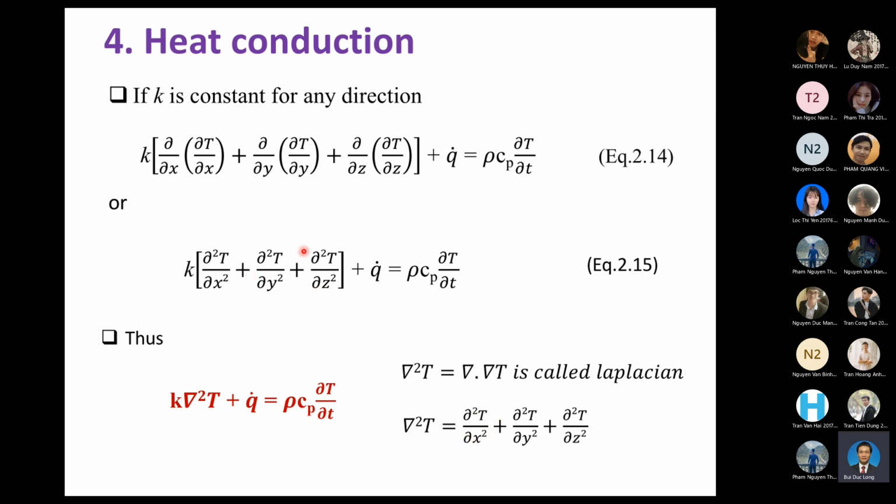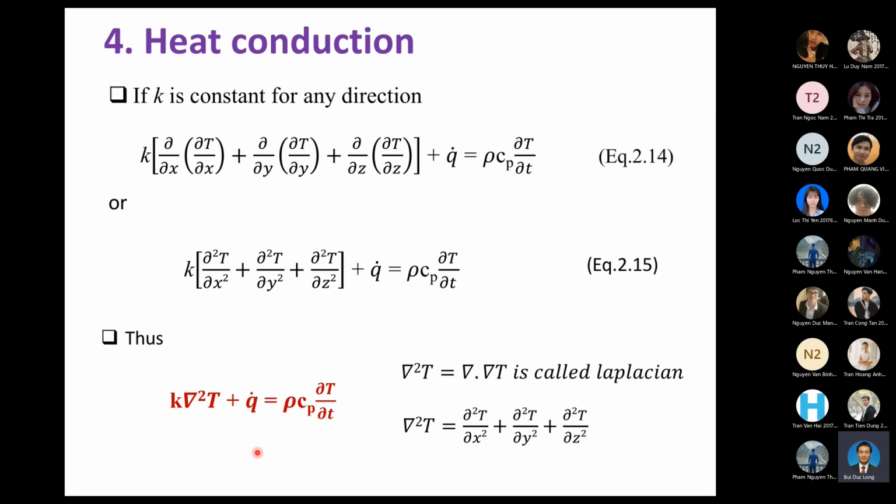So this term can be simplified as k Laplacian of T, second order, plus q dot, equal to rho cp dT/dt.